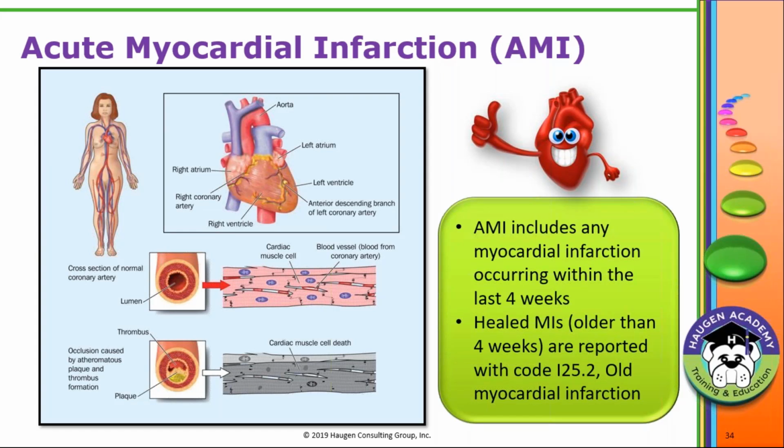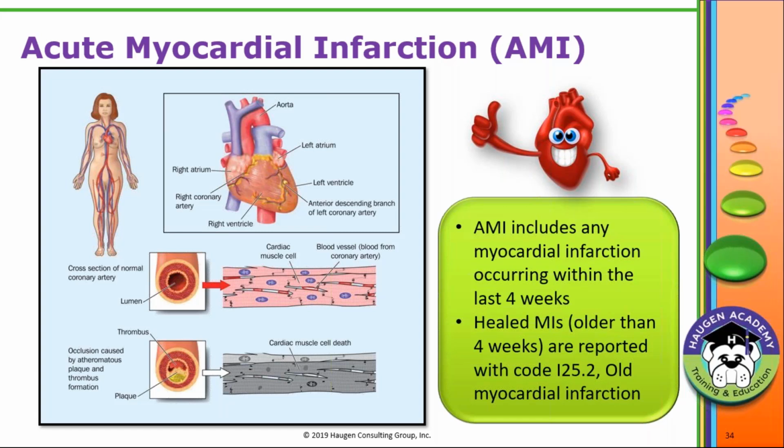So with coronary artery disease, the next logical thing to talk about is acute myocardial infarction, or AMI. You see our normal artery here, nice healthy tissue, as opposed to the patient with atheromatous plaque, or CAD. And now they have cardiac muscle death because the muscle is not receiving blood supply.